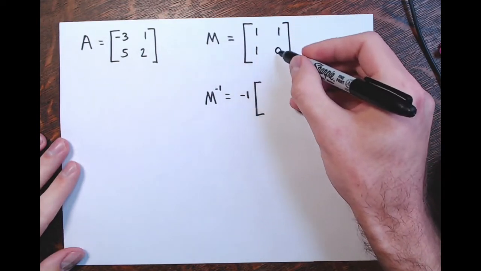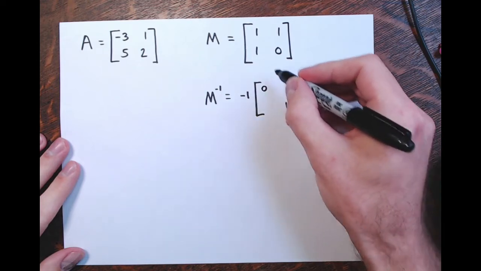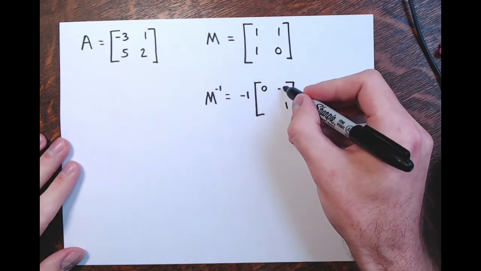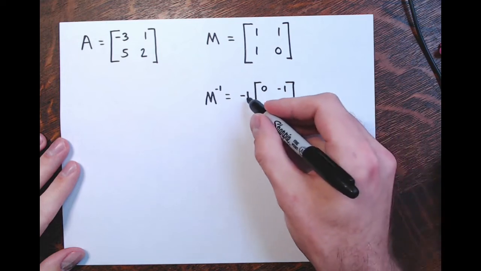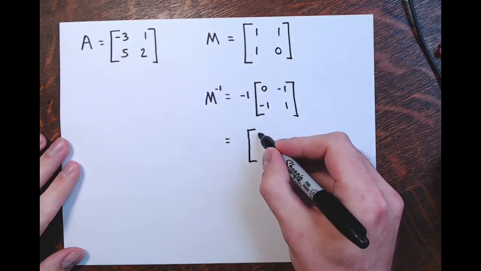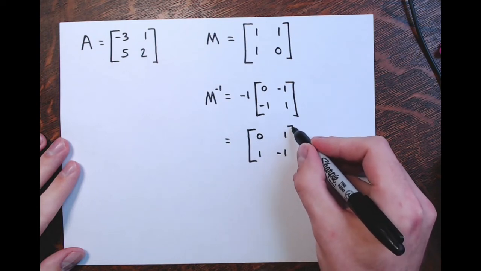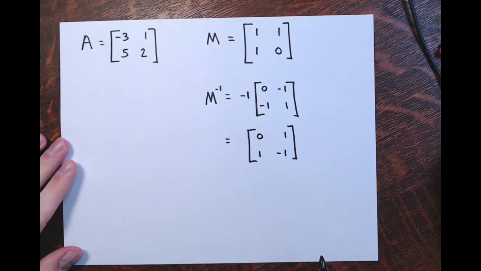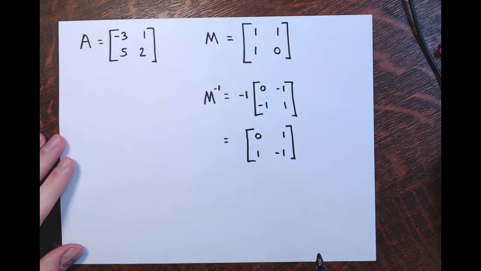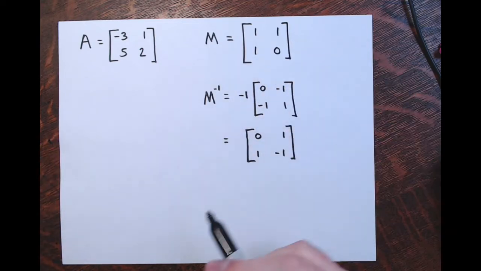And then I switch the main diagonal entries and take the opposites of the other two entries and multiply each of these by negative 1. We have 0, 1, 1, negative 1. Then you can verify that these are inverses by multiplying them, seeing that you get the identity matrix.